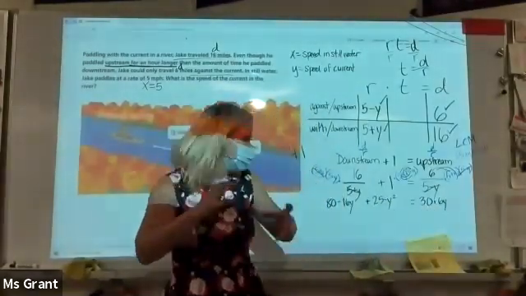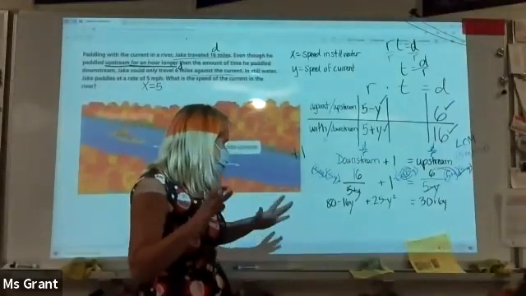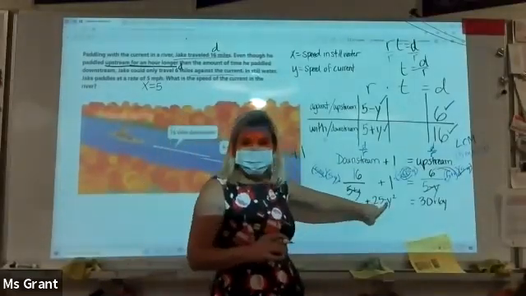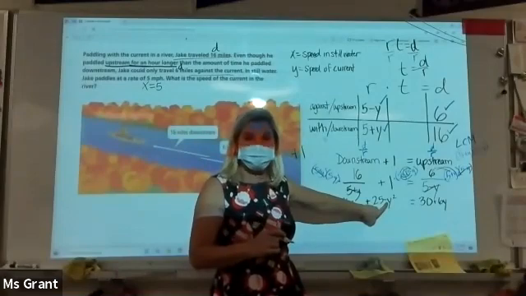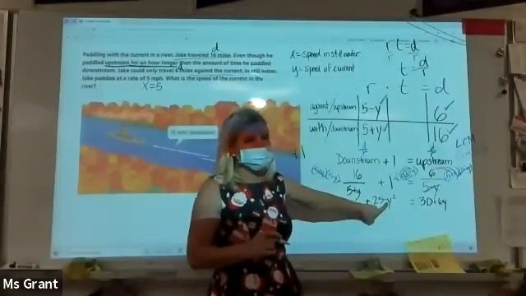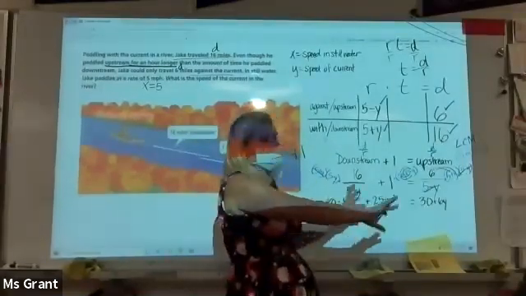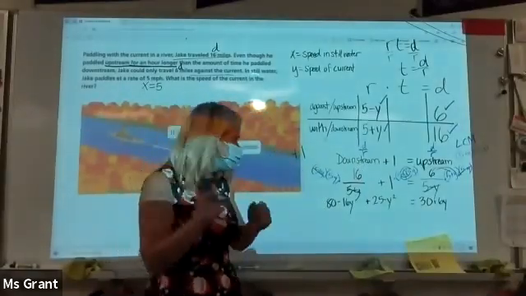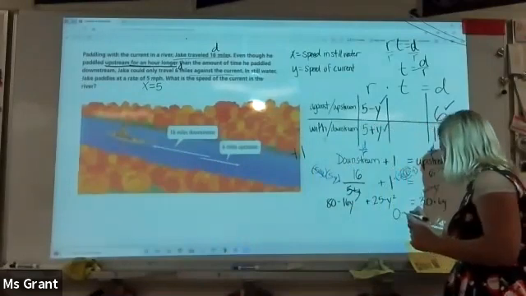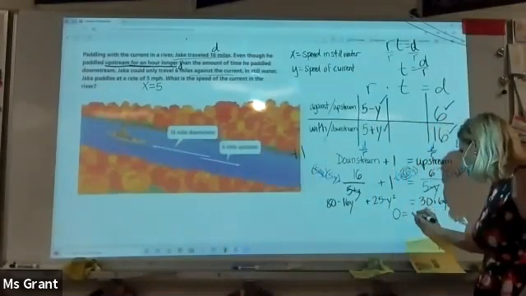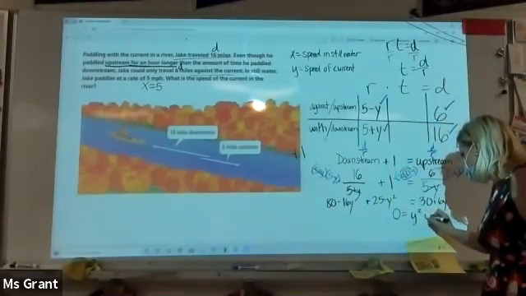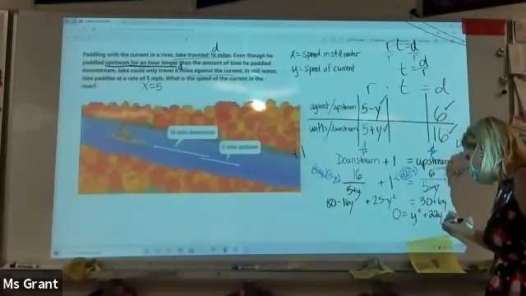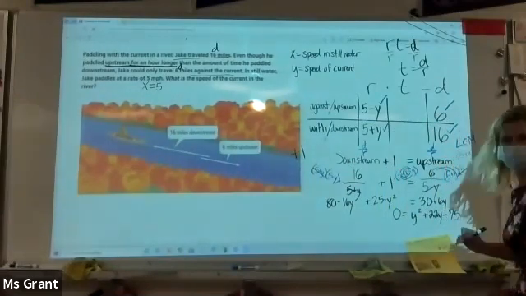Combine like terms, get everything on one side. I think you should move this y squared over to the right because I want it to be a positive y squared. So I'm going to move everything over to the right. Combine like terms, get a trinomial. Ready? Here's your answer, people. Y squared, positive, plus 22y minus 75.